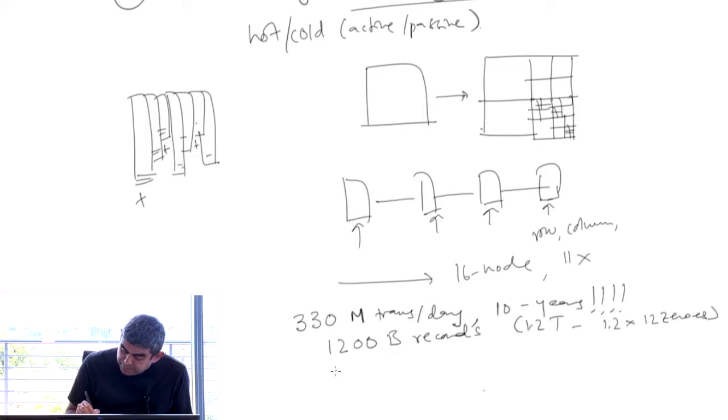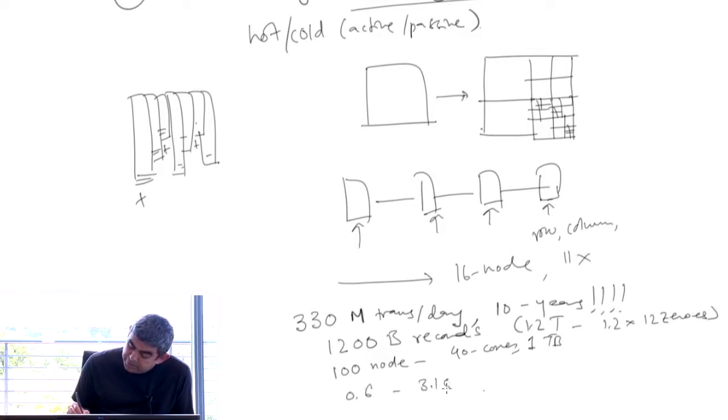And we ran this on a 100 node cluster. Each node is 40 CPU cores, 1 terabyte of memory. And the incredible thing was, all the questions that we could think of in this case had response times between 600 milliseconds and 3.1 seconds.